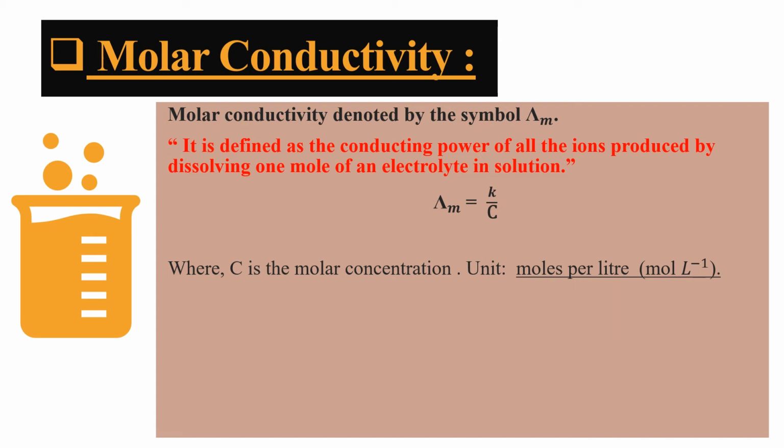It is defined as the conducting power of all the ions produced by dissolving 1 mole of an electrolyte in the solution. When we are talking about 1 mole of an electrolyte dissolving in a solution, then we use molar conductivity. The molar conductivity is denoted by delta M, with delta as the symbol and subscript M.